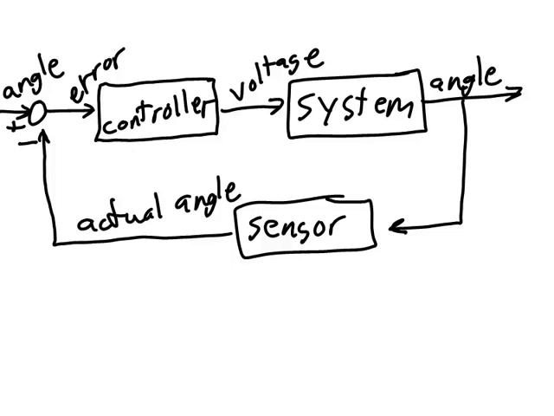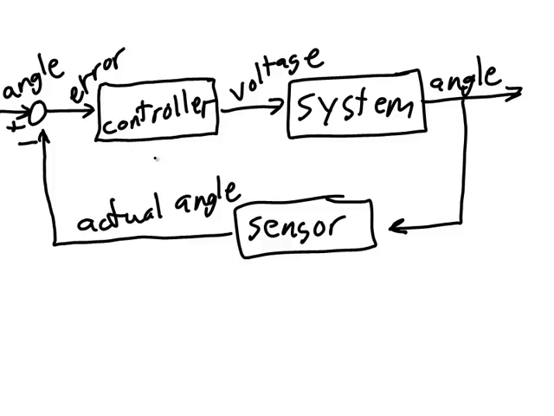So what kind of calculation should the controller be doing with the error to get the voltage? In other words, what should the transfer function be in this controller block? We don't know right now, but there is a good standard place to start. Let's assume that the controller should do some calculation with the error, some calculation with the derivative of the error, and some calculation with the integral of the error.